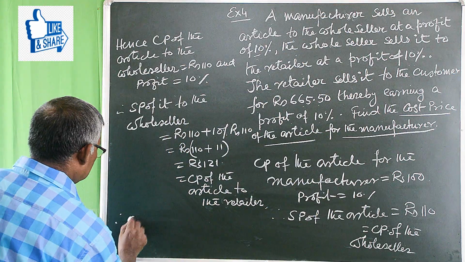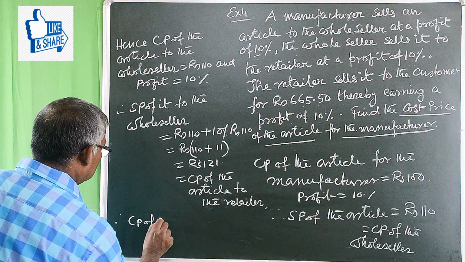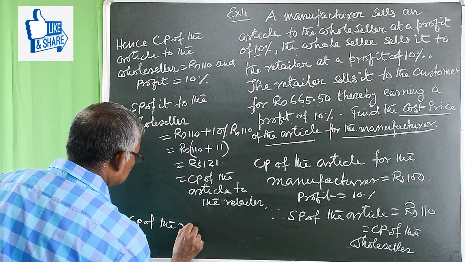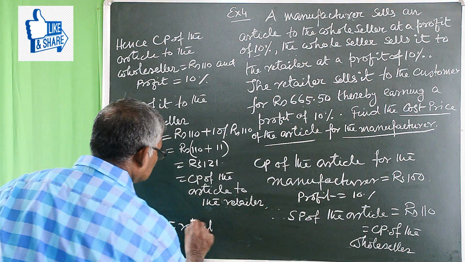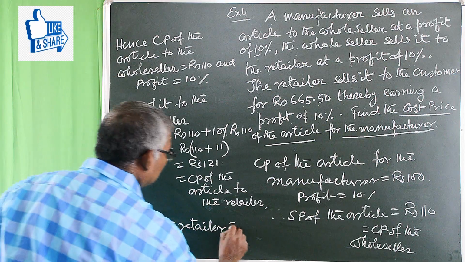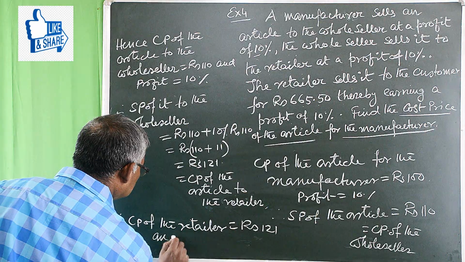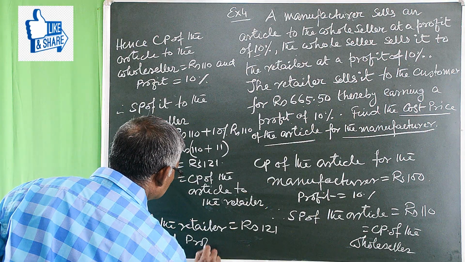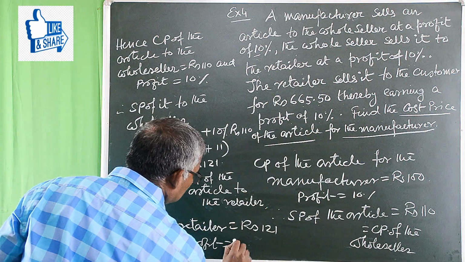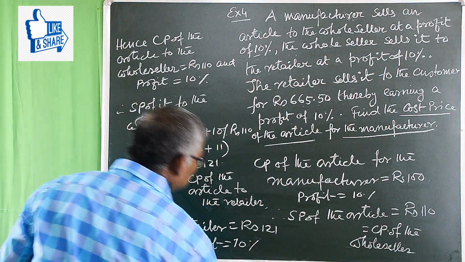Therefore, the cost price of the retailer equals rupees 121 and profit equals 10%.